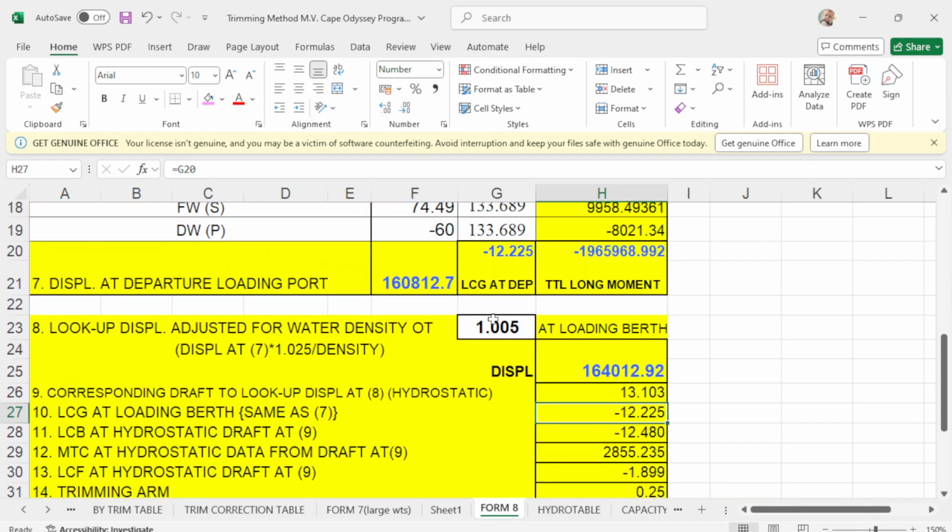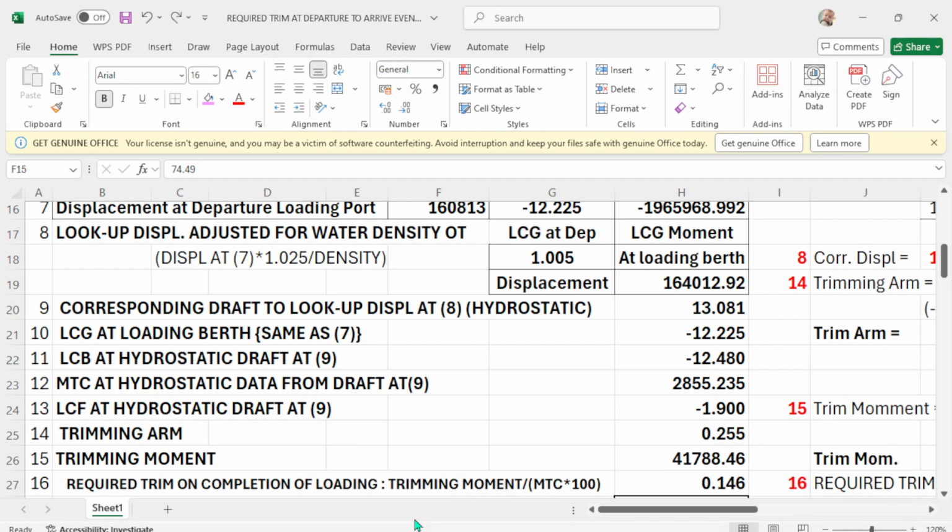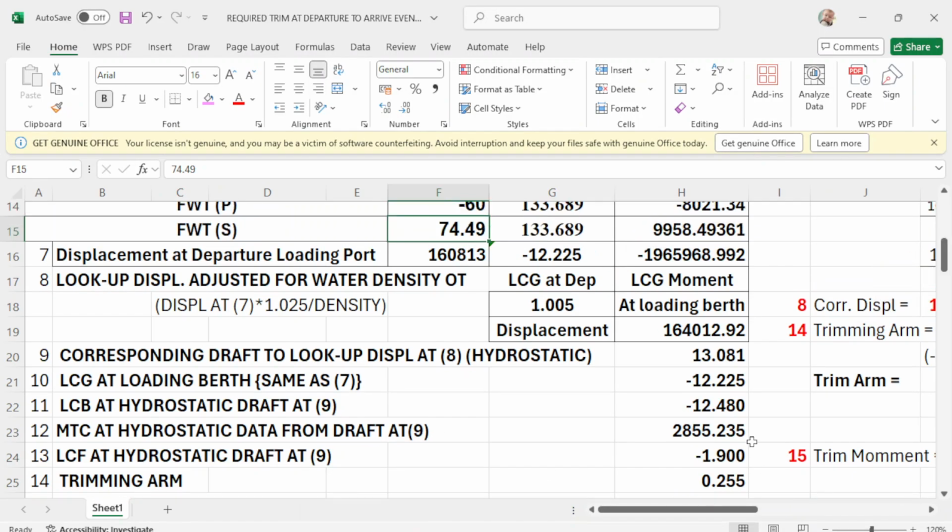Carry this one, put it down. That will be negative 12.225. It says here LCG at loading berth same as in number 7. So this is number 7. So carry over the LCG of negative 12.225 and put it here.